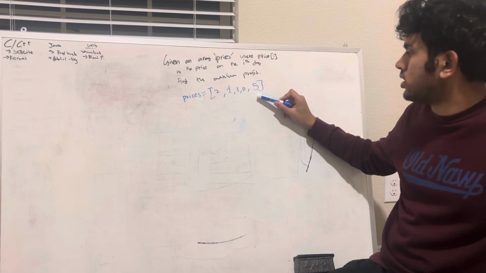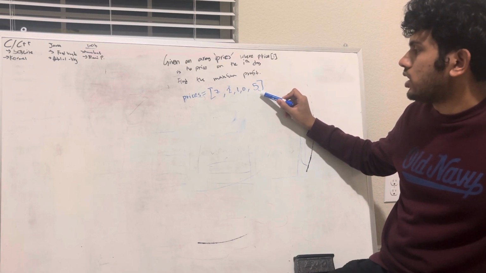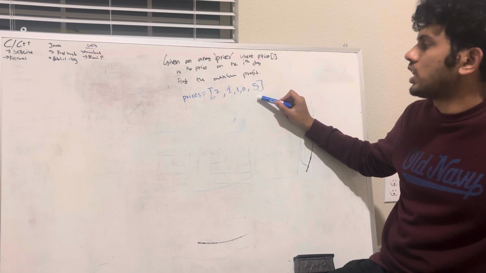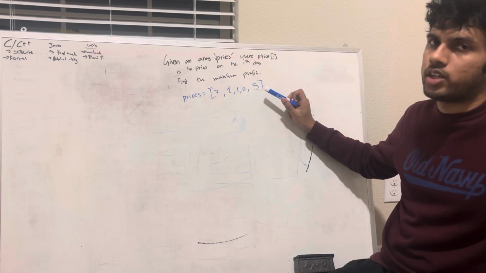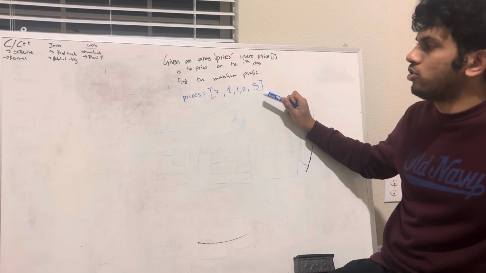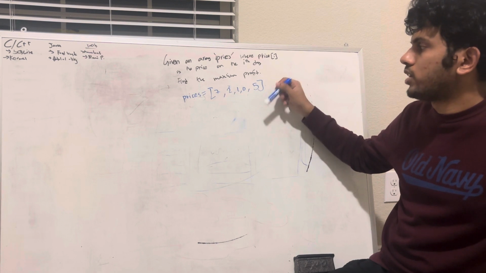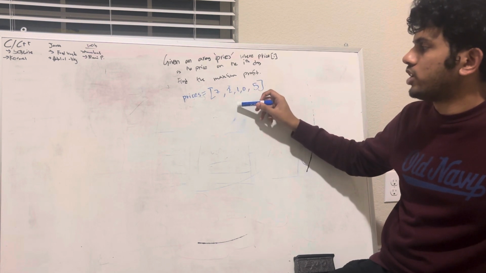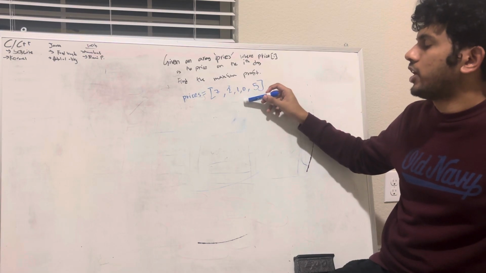If we find a minimum price, we'll subtract it, and compare that new profit with the maximum profit. If it's greater, we'll keep that as the maximum profit, and we move to the next day, and we keep on doing that.